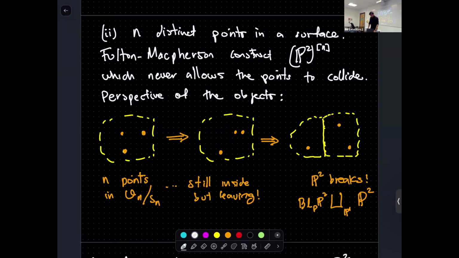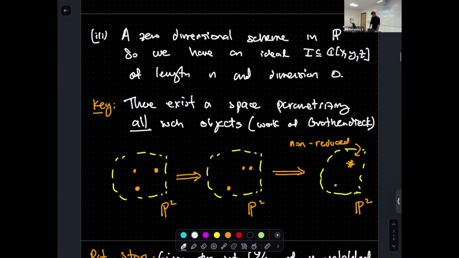But now, of course, the third option was: no, this is an algebraic object itself. We should always have an ideal. And in that case, the P2 doesn't break, right? But when the points collide, you will have a scheme with a non-reduced structure, and schemes have their own features and complications and so forth.